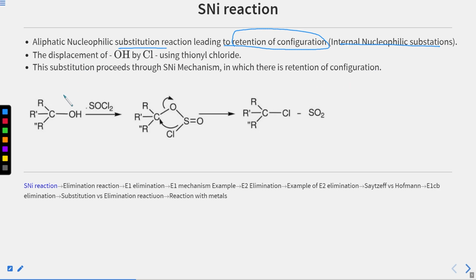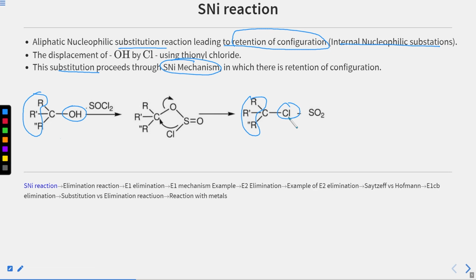Now this is an example of the SNi reaction. I have mentioned it twice in haloalkanes, and I am mentioning the mechanism once more, which is clearer here. This substitution is an example of the SNi mechanism. Suppose R was the configuration of the reactant; I would rather say that the spatial arrangement of all three substituents, both in the reactant and the product, remains the same with respect to the leaving and coming group.